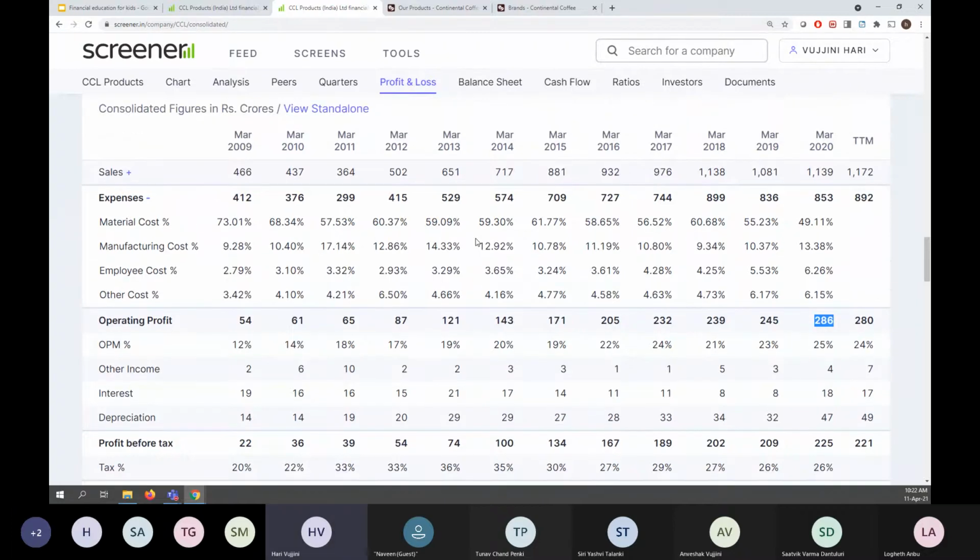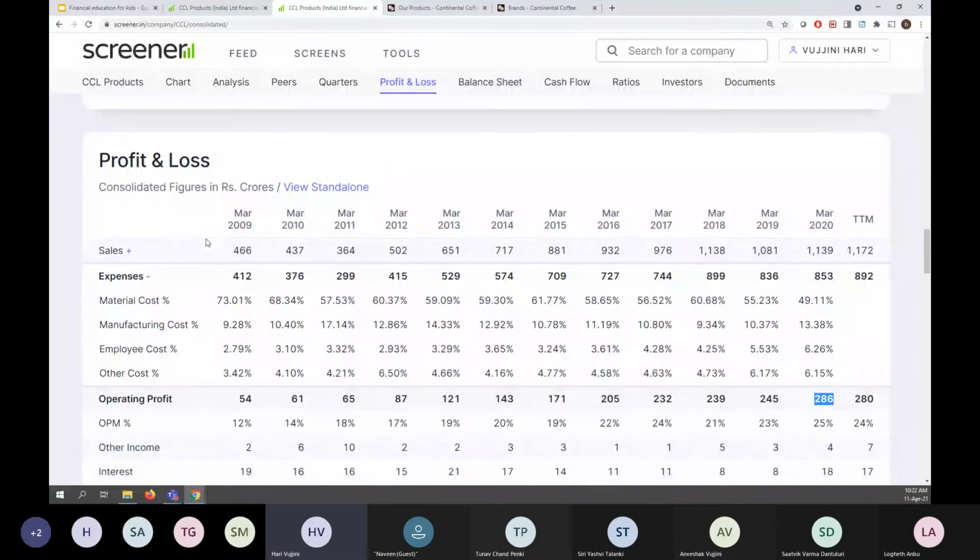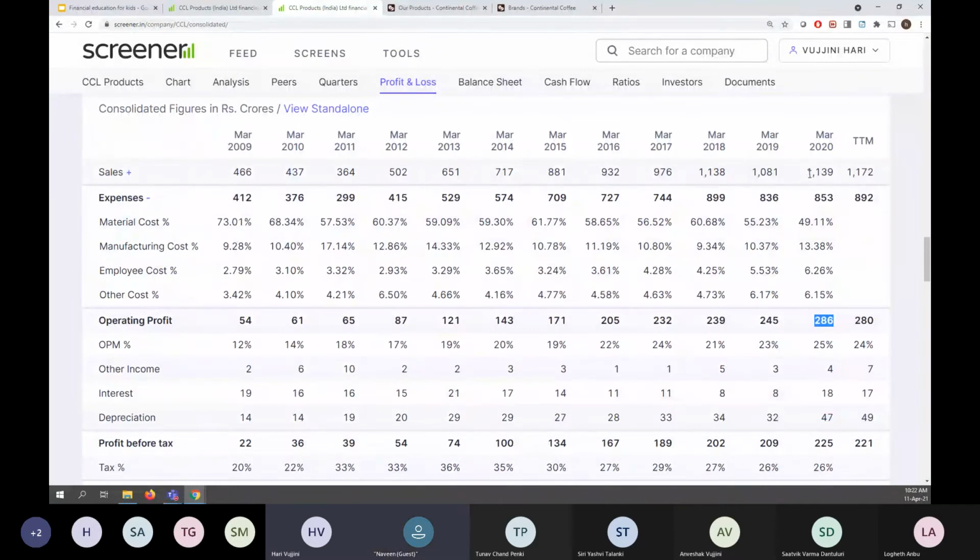Okay. So what are we understanding from the profit and loss statements? We are understanding they sold 1139 million worth of goods for the year 2020, and out of that they had expenses of 853 million.